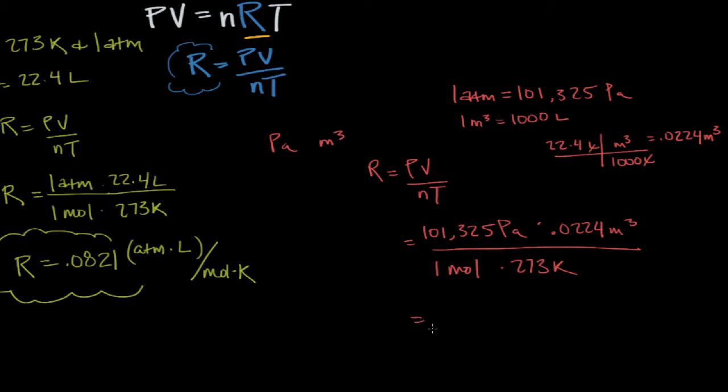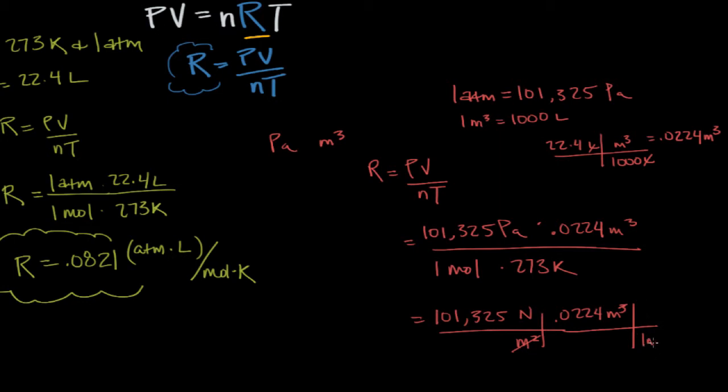So if we run this through a dimensional analysis to see if we can cancel any units, we would start with 101,325 pascals. But keep in mind that a pascal is the same thing as a Newton per meter squared, because it's an SI unit of pressure. So we'd have 101,325 newtons per meter squared. Then we would take our volume, 0.0224 meters cubed, and most of our meters would cancel, 2 of the meters on top and 2 of the meters on the bottom, leaving us with just a meter on top.